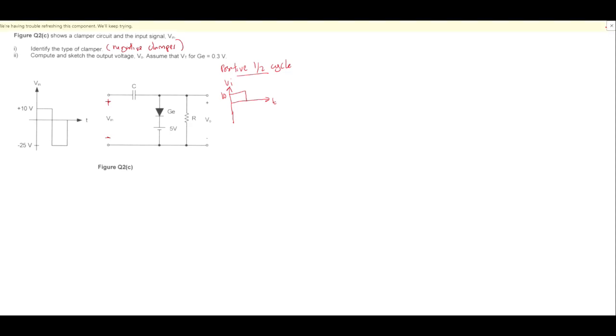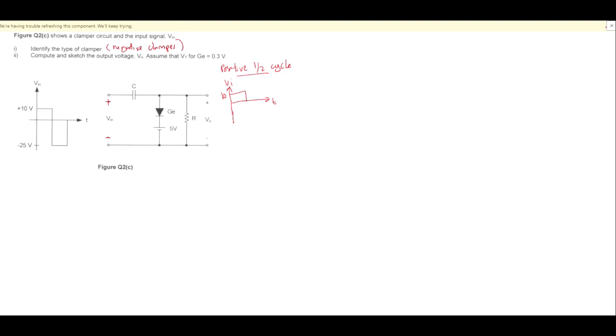The arrow for the germanium diode is facing down, so that indicates that your germanium diode is in forward bias condition. Forward bias means your diode is turned on.